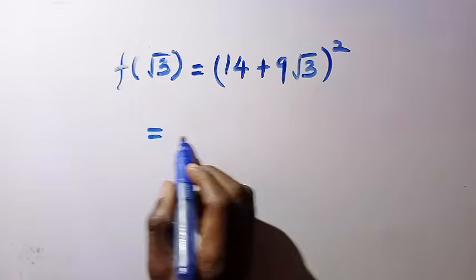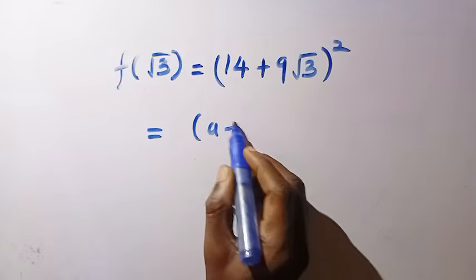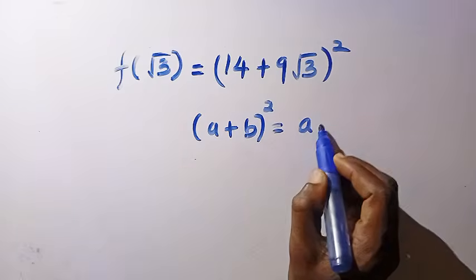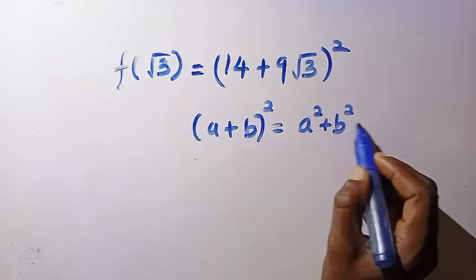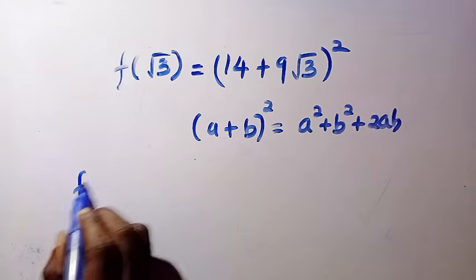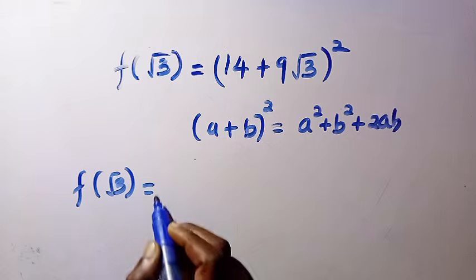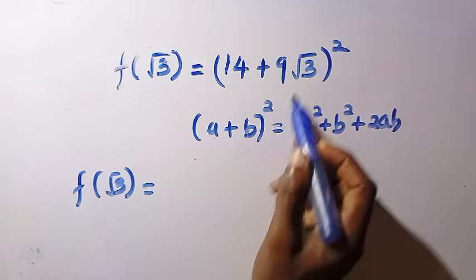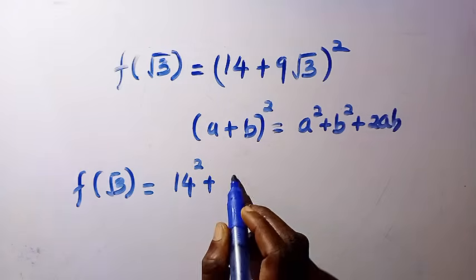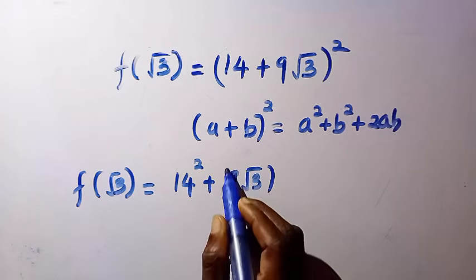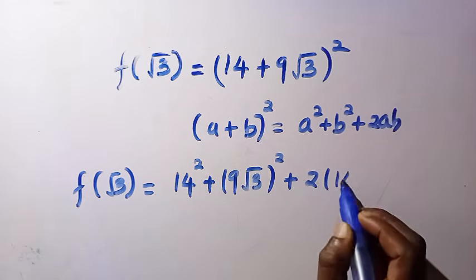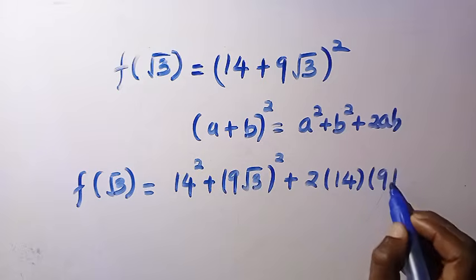By expanding this, considering a plus b all raised to the power of 2, this gives us a squared plus b squared plus 2ab. Applying it to this, f of root 3 equals, if a is 14 and b is 9 root 3, 14 squared plus 9 root 3 all squared plus 2 multiplied by 14 multiplied by 9 root 3.